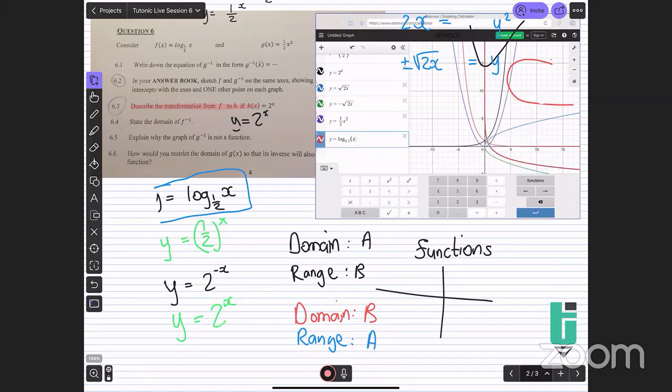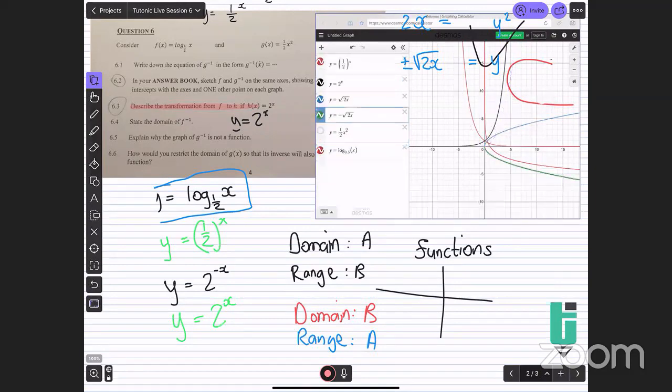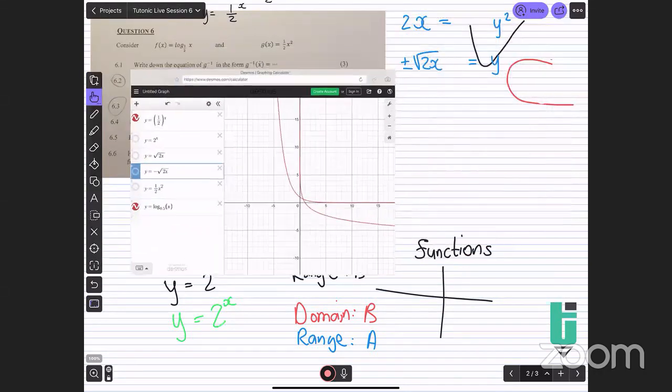Right, let's just remove all this stuff here so it's easy for you to see. What's the range of the log graph? Let's change the color. Okay, let's just remove that rather. What's the range of the log graph?